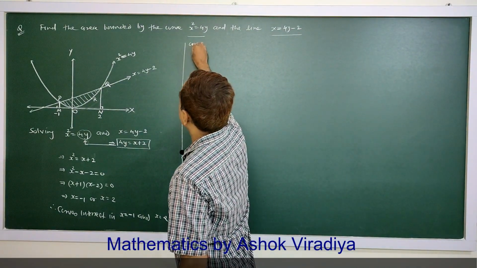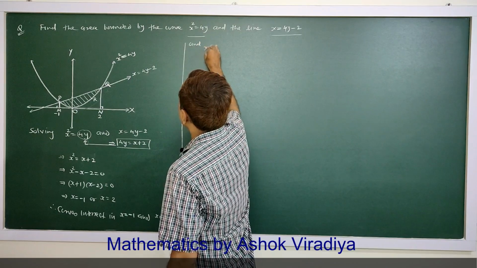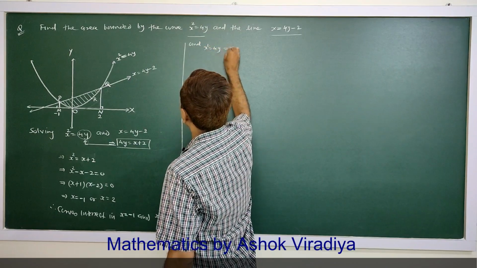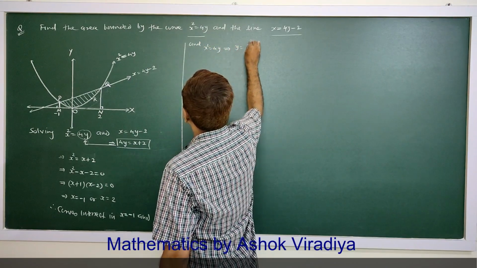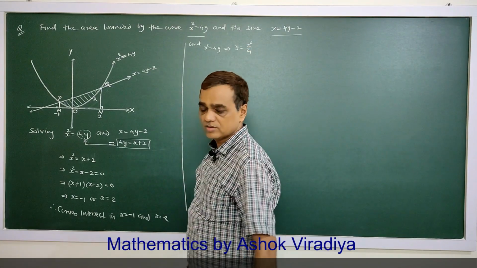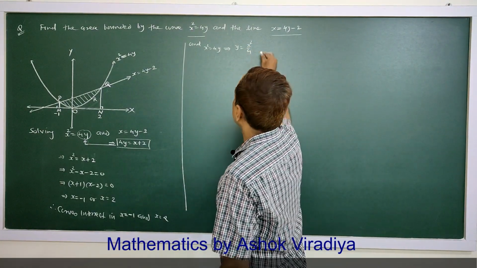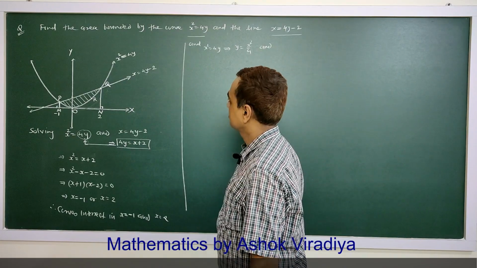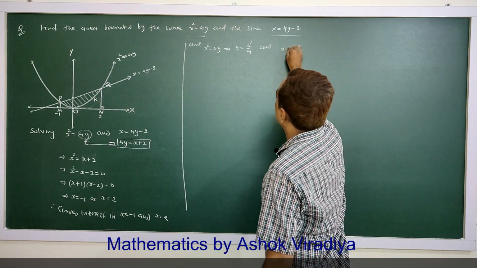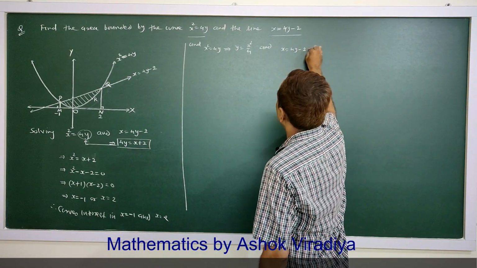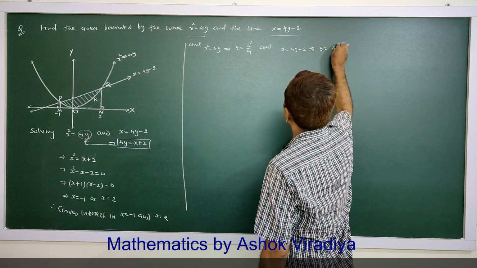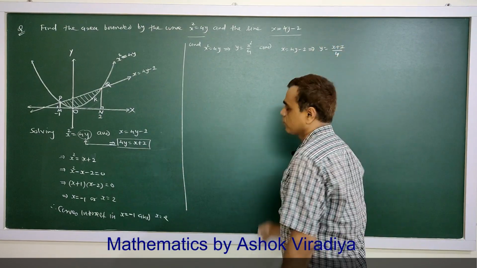So here x square is 4y implies y is x square by 4, and x equal to 4y minus 2, that means y is equal to x plus 2 by 4.